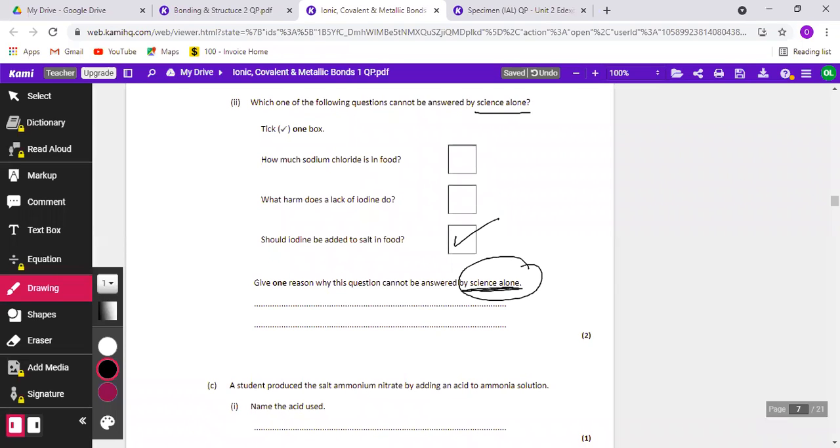So you can say that one reason is that we cannot perform the experiment due to ethical issues. Any confusion, Hiba, Pravalika?